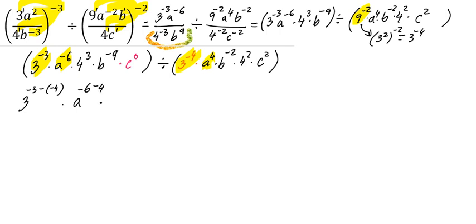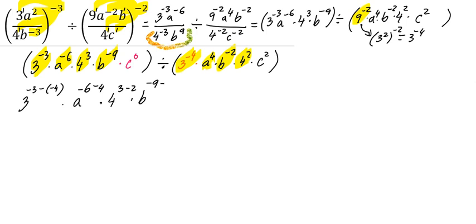Okay. The next thing we have is 4 to the third, and we have 4 to the second. Again, same base, 4. Subtract the exponents, 3 minus 2. Next we have letter b, so b to the negative 9, b to the negative second. Again, same base, b, subtract exponents.